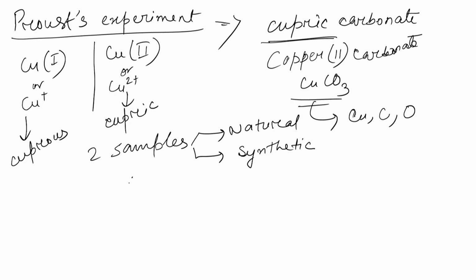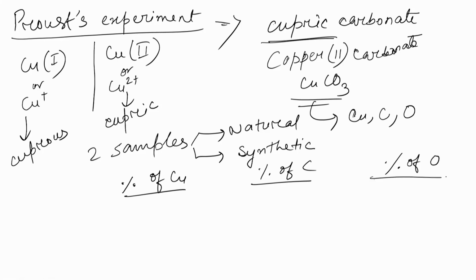So he made a table: percentage of copper, percentage of carbon and percentage of oxygen, and he analyzed these two samples, natural and synthetic.